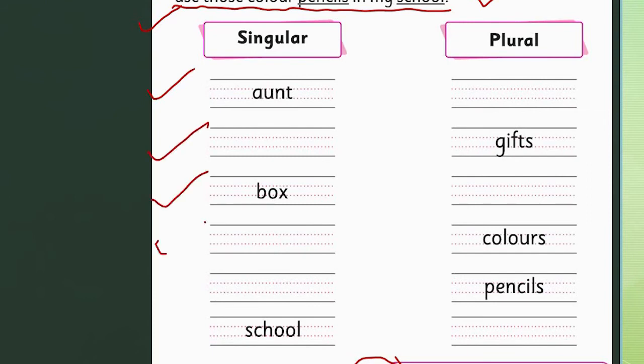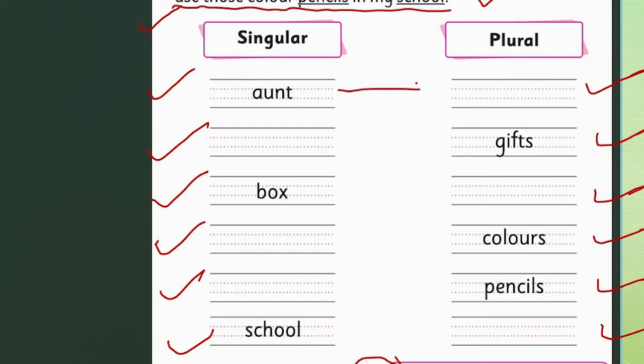Singulars, plurals. Let's see what's missing and let's see what do we have to add here. Aunt. One aunt, more aunts.